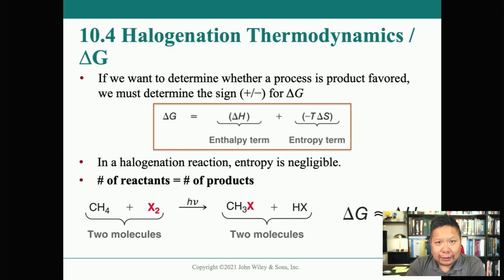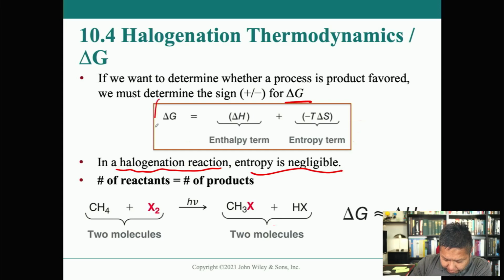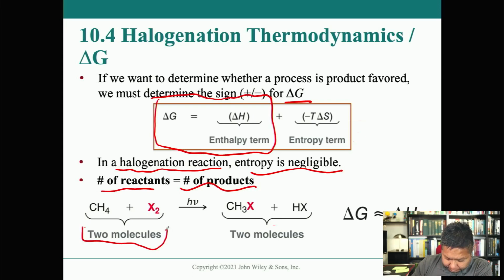So if we want to determine whether the process is favored, we must then determine if the sign is negative or positive for delta G. And it turns out that in halogenation reactions, entropy is negligible. So all we need to really worry about is this part right here. The number of products equals the number of reactants. So here we have two molecules, some light, and then we have two molecules again.